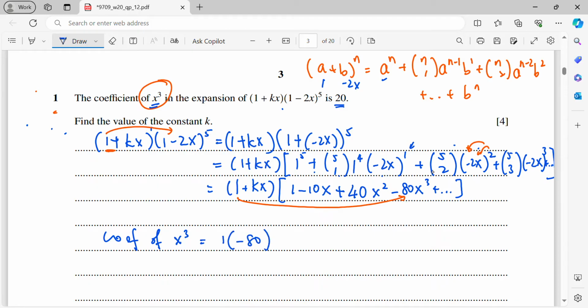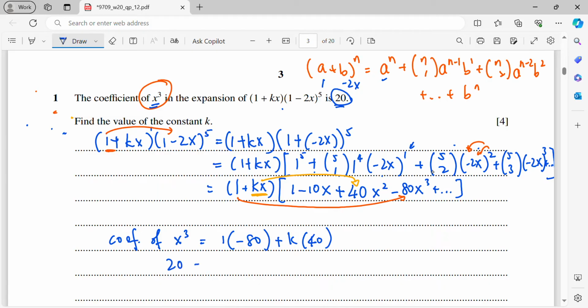Coefficient means the number before the x cubed. And then the other term is kx. For this kx to get x cubed, I must multiply with 40x squared. Therefore it will be plus k times 40.